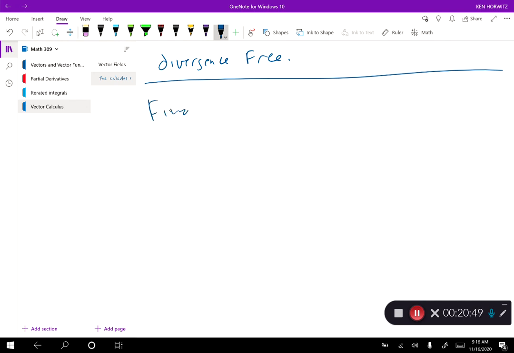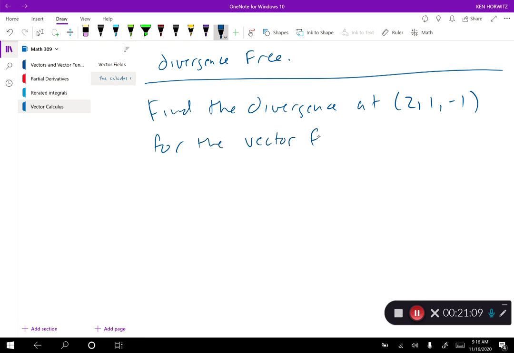So find the divergence at 2, 1, negative 1 for the vector field f of x, y, z equals x cubed y squared z i plus x squared z j.